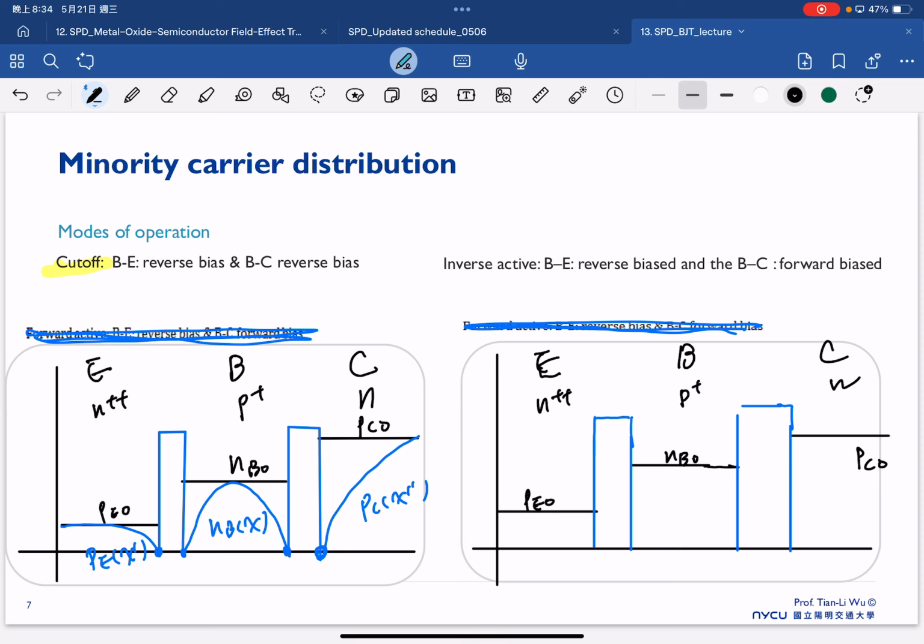So we have the PC here, X prime prime, and also the same. We're starting from here. This is NBX, but now because the EB junction is a reverse bias, it must be 0 at the EB junction.